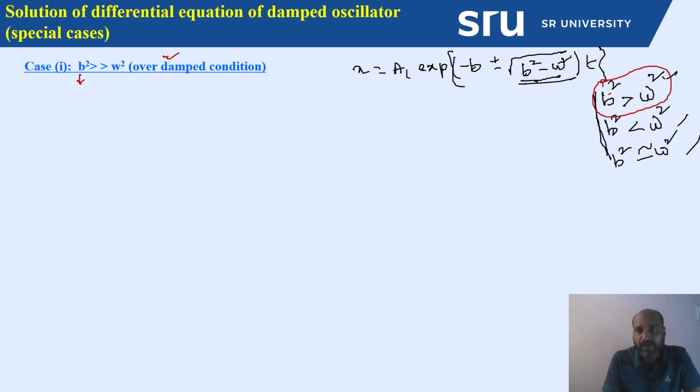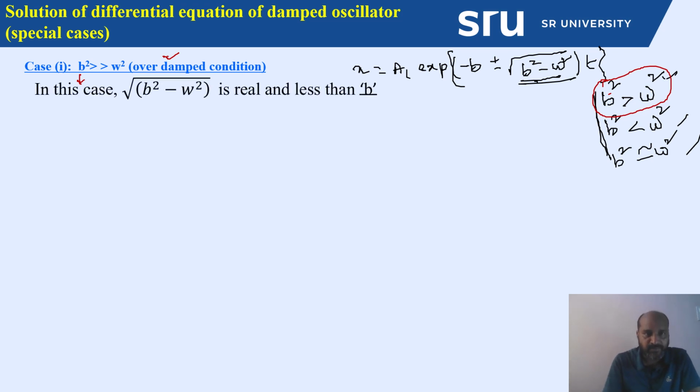Now in that over damped condition, if b square is much greater than omega square, then definitely this under root b square minus omega square value will be a real value, and it will be less than b.